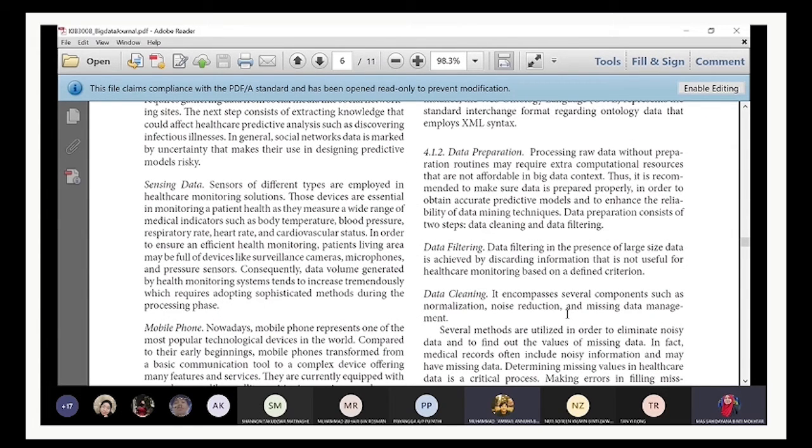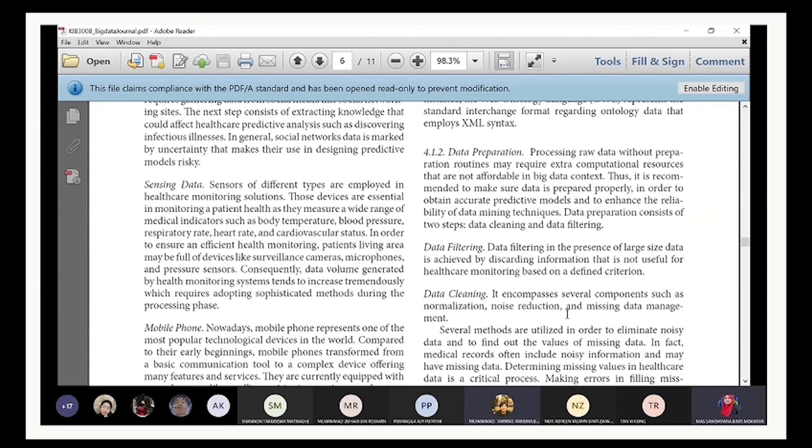What I want you to think is, what are the things that you've learned in your lectures that can be used for filtering and cleaning? For cleaning, maybe when you use the body sensor, if you use an electric signal, there will be noise. So you can use a circuit to filter out the noise.